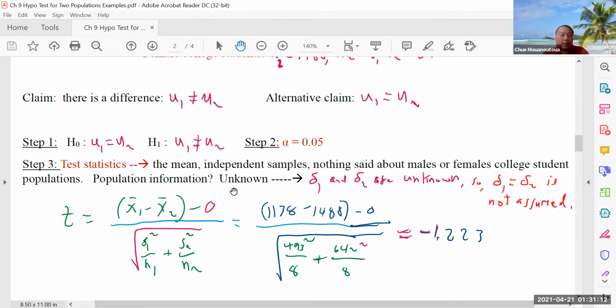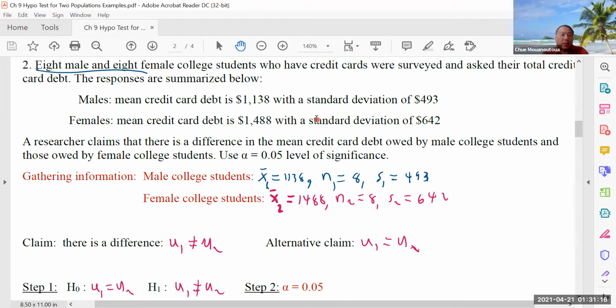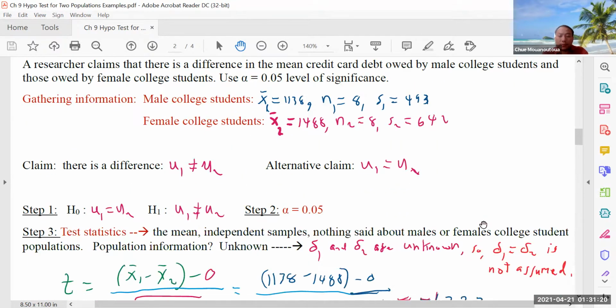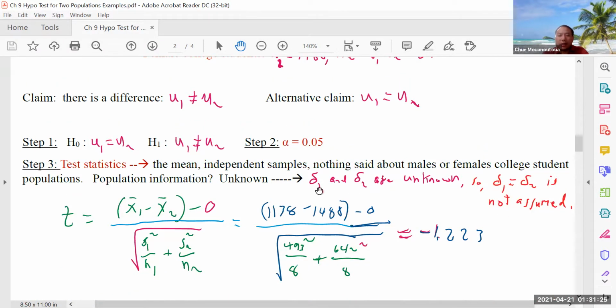Based on this information, we're not told anything about the populations. They just state a claim. So we're not assuming that we know the standard deviations for the populations of male and female college students. And we don't pretend to know the standard deviations to be the same.